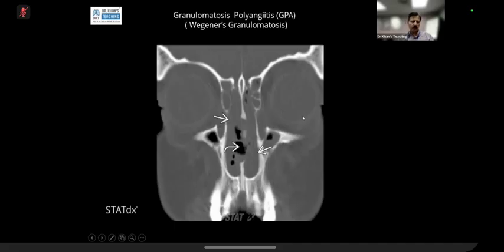Now we use the word granulomatosis with polyangiitis for Wegener's. I'm showing you a few examples from StatDx just so that you remember various kinds of presentations. In this, there is complete opacification of the nasal cavity. But then, if you see, there is septal destruction.